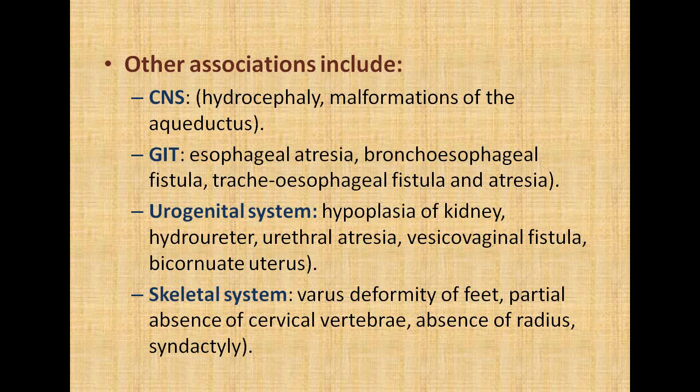GIT: esophageal atresia, bronchoesophageal fistula, tracheoesophageal fistula and atresia. Urogenital system: hypoplasia of the kidney, hydroureter, urethral atresia, vesicovaginal fistula, and bicornuate uterus. Skeletal system: varus deformity of feet, partial absence of cervical vertebrae, and absence of radius as well as syndactyly.